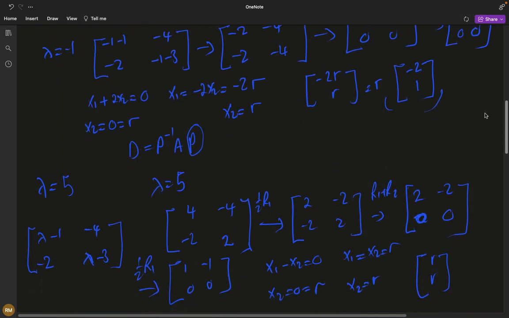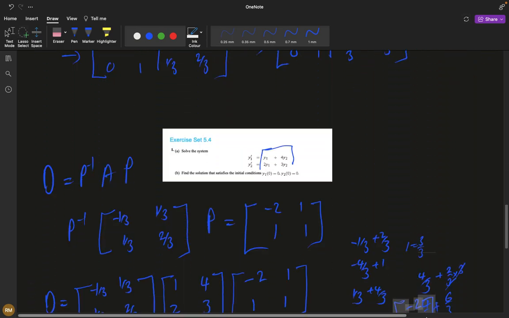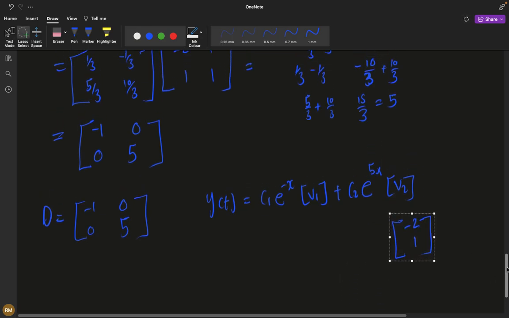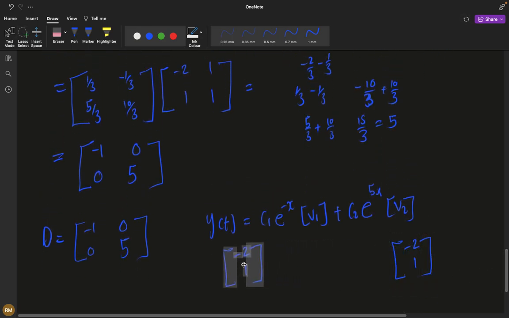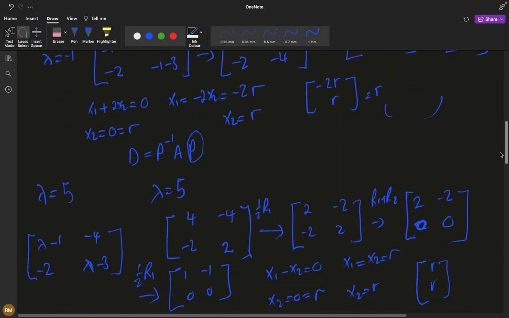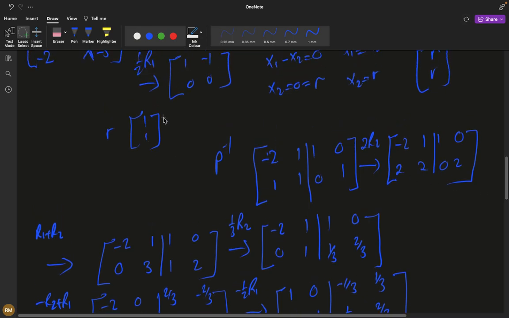Okay, it was this one, the first one. And then the second one we found for y was for 5. It was 1, 1.